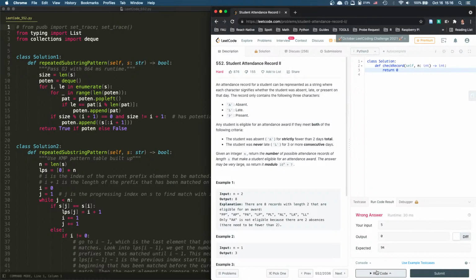So that's 5 plus 2, so 4, plus 1. That gives us 8. So instead of 6, we have 8.